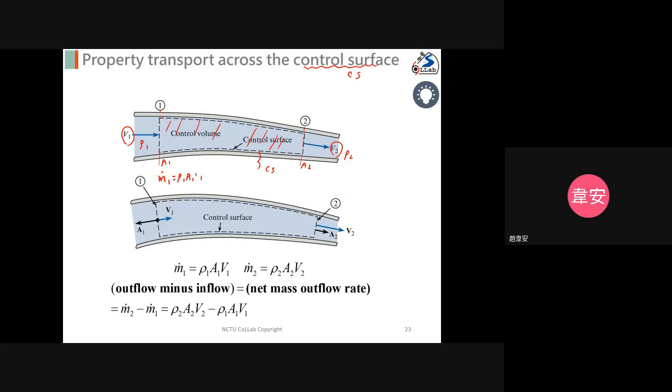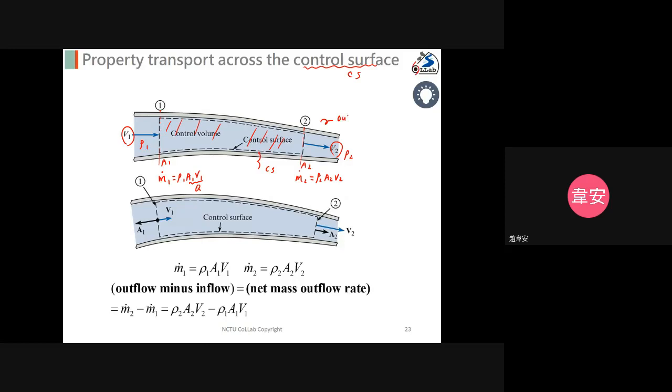As I mentioned before, the cross-section area multiplied by the velocity is the discharge Q, and multiplied by the density, this is mass flow 1. The mass flow rate 2 is also equal to rho 2, A2, and V2.